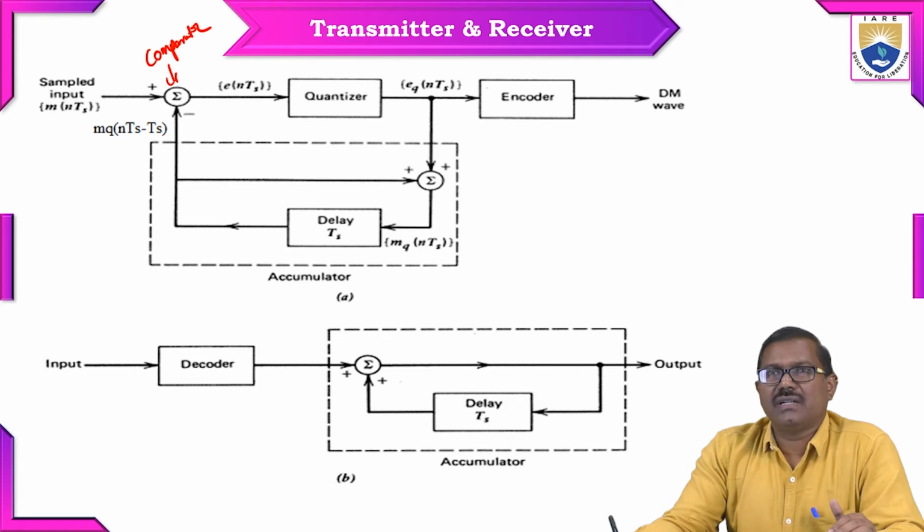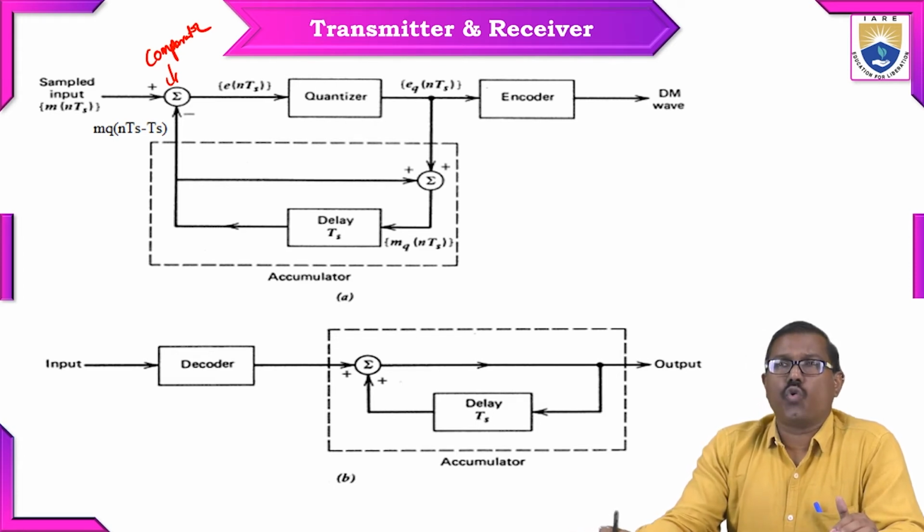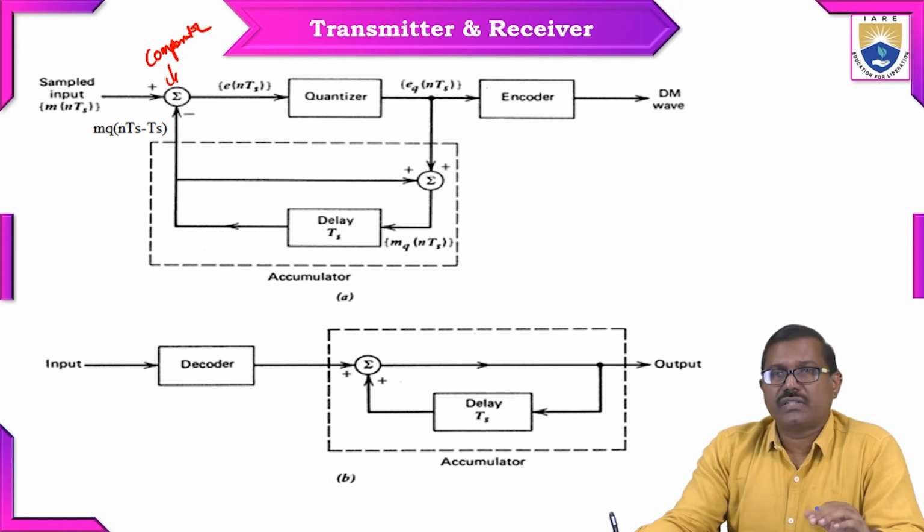Finally, this eq of nTs is encoded and the required DM wave is produced. Okay, so this is my transmitter. And coming to the receiver, here I am using the same accumulator as used in the transmitter.